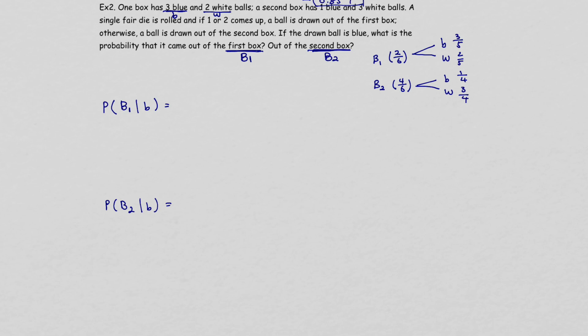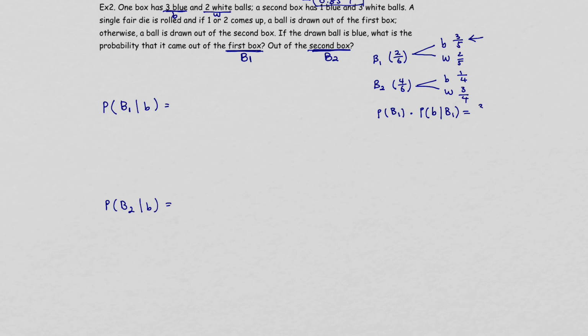So this shows if I have the probability of picking box 1 times the probability of picking blue given box 1, that will be the probability that I'm looking for, right?